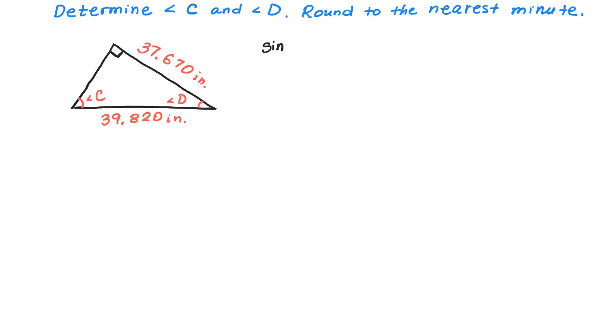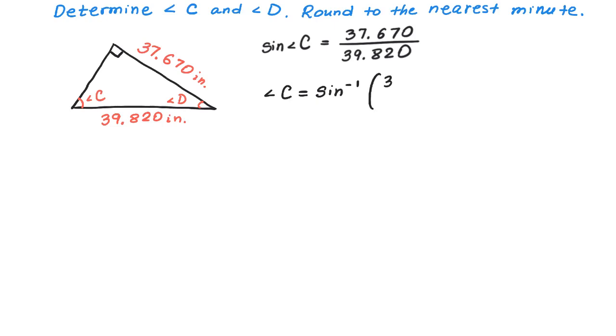So sine of angle C equals the opposite, which is 37.670, divided by the hypotenuse of 39.820. Then angle C equals sine inverse of 37.670 divided by 39.820.